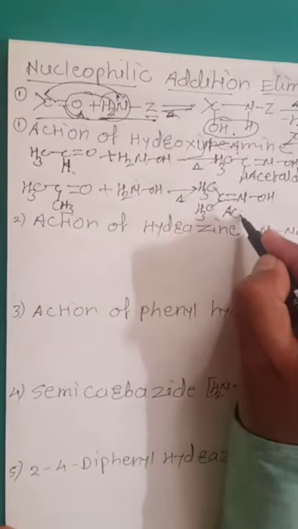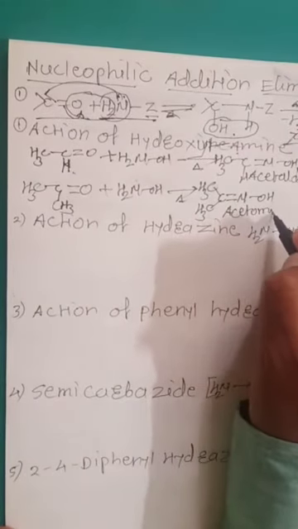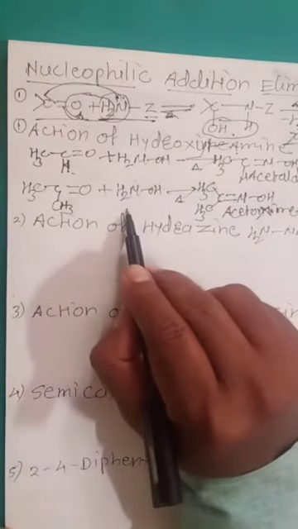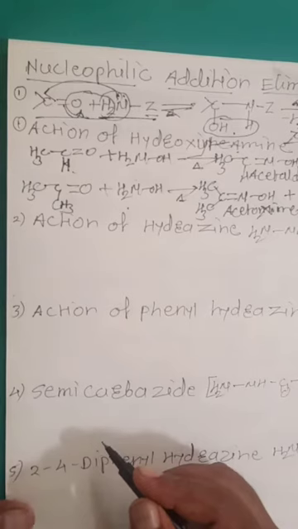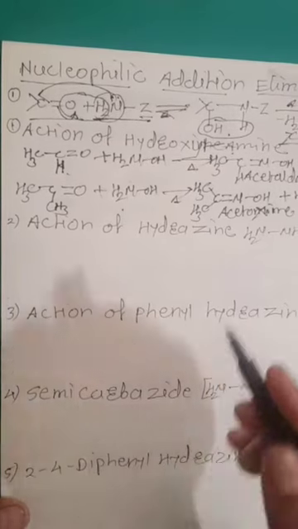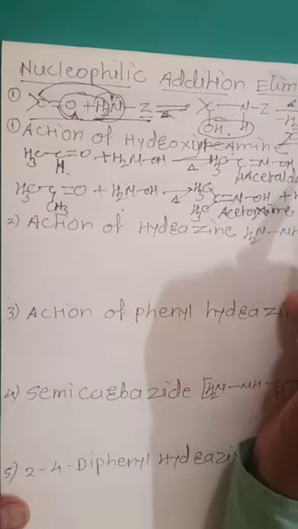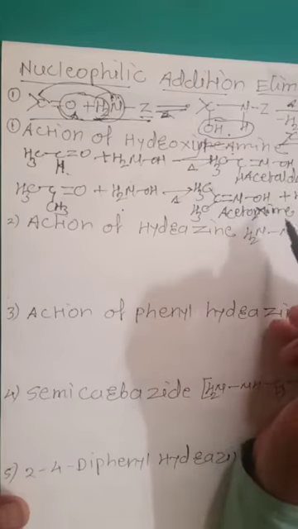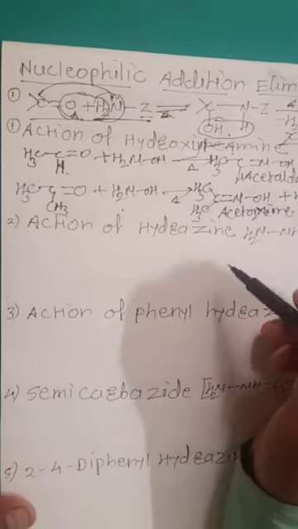Formation of acetoxime takes place when acetone is treated with hydroxylamine. So this is the method of preparation of corresponding oxime. These oximes are very important to get amines by reduction of such compounds. So we will use this in next chapter.